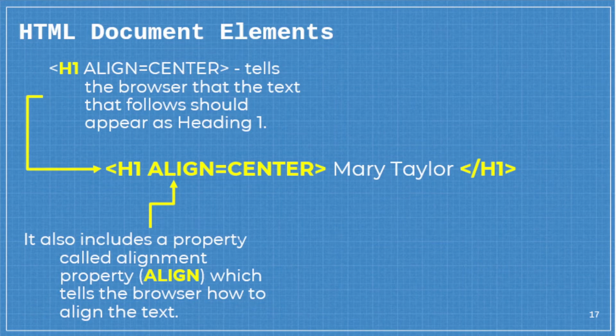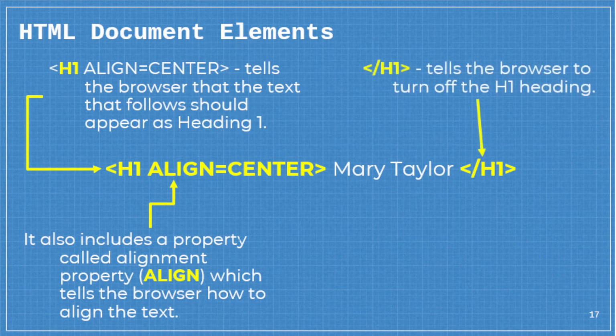Now, if you don't put an alignment, by default, H1, Mary Taylor, /H1, would put your text on the left side. So we only put the alignment property if we want to center it or put it on the right side. So align center, align right. You get the picture. Then of course /H1 will tell the browser to turn off the H1 heading. So be careful with that.